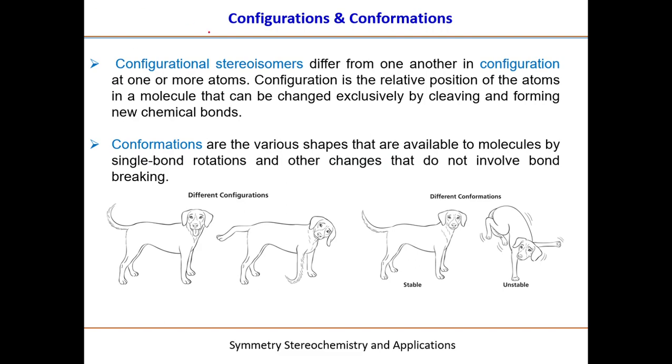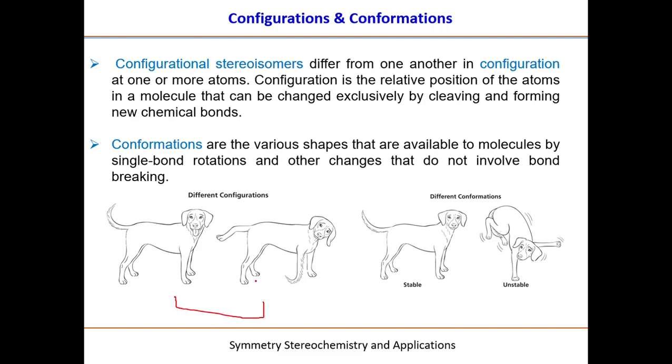Two configurations are not interchangeable without cleaving the bond, but in conformation, the two molecules are the same as one another, and the conformation can be changed by rotation of a single bond. You can see here in these two images different configurations. What is the difference between the first two dogs?